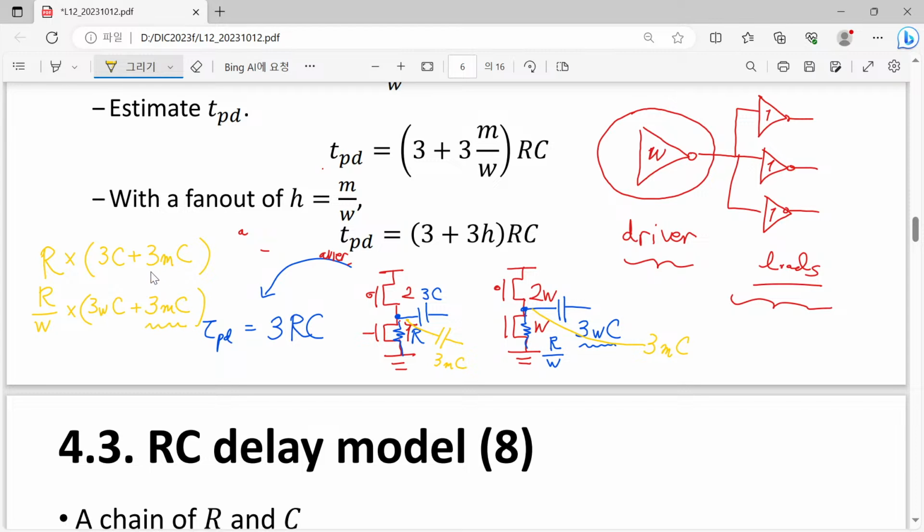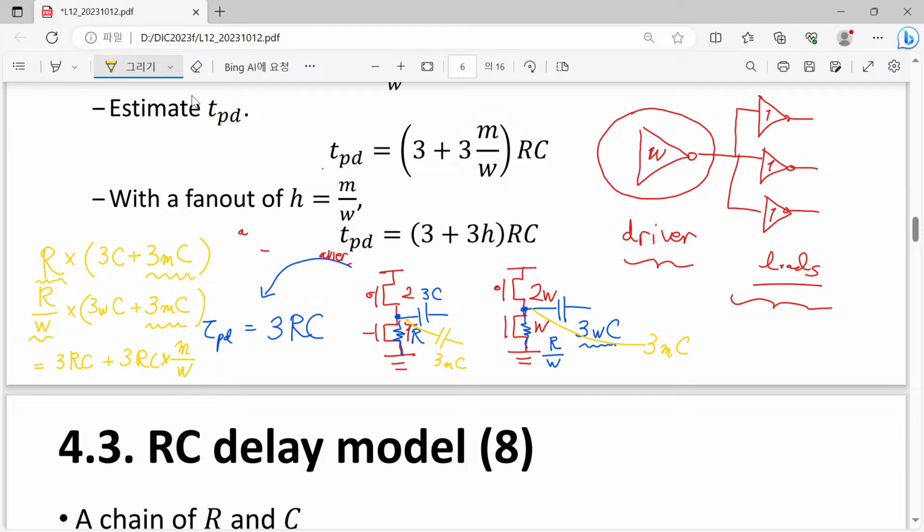Capacitance is not scaled, but resistance is scaled. So the answer now becomes 3 times RC from its intrinsic, driver related part, and the second part is related with 3 times RC, and the additional factor becomes just M over W. Are you all with me?